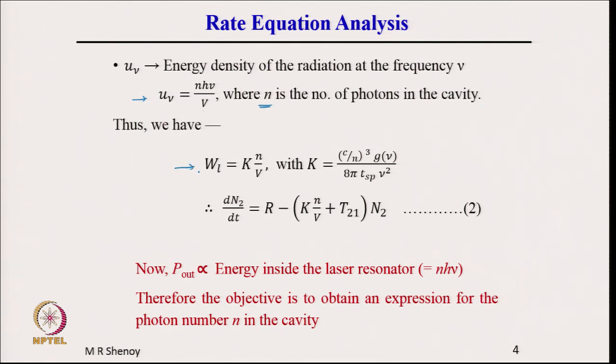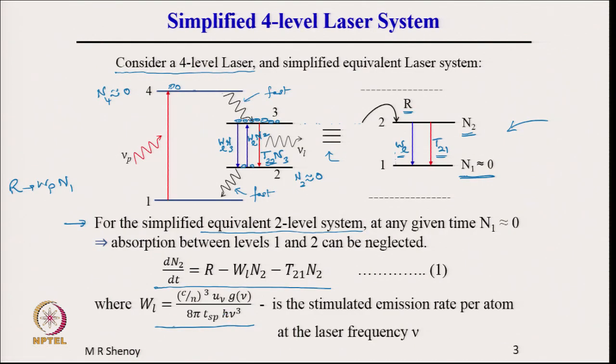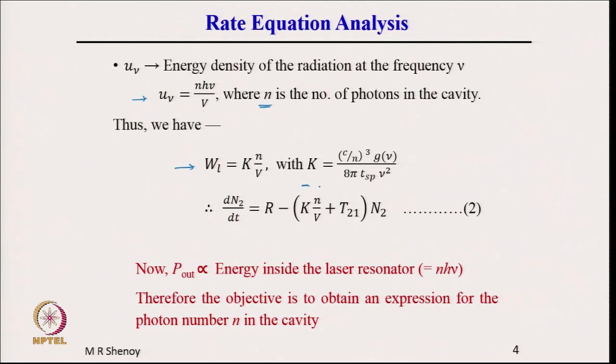Thus, we have WL is equal to K into n by V. So, here one h nu cancels with one h nu, and we are left with only nu square in the denominator, and K is equal to C by n cube into g nu divided by 8 pi tau spontaneous into nu square. So, WL is equal to this, and therefore, we rewrite the equation as dN2 by dt is equal to R minus K times n by V plus T21 into N2.